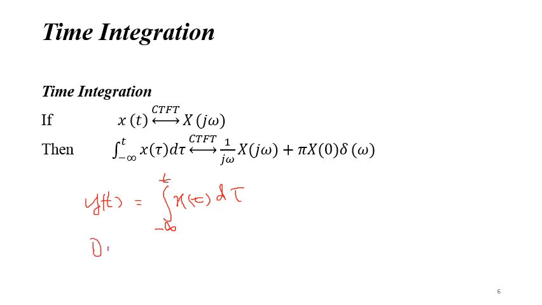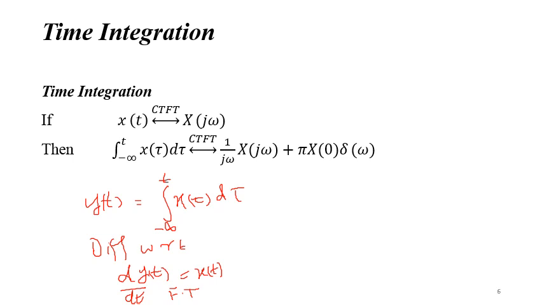If I differentiate both sides with respect to time, we get d upon dt of y of t equal to x of t. Now if I take the Fourier transform of both sides, differentiation in the time domain corresponds to multiplication by j omega.